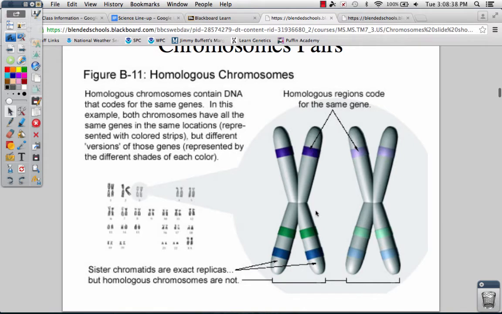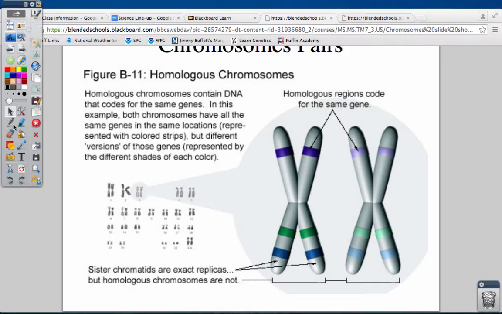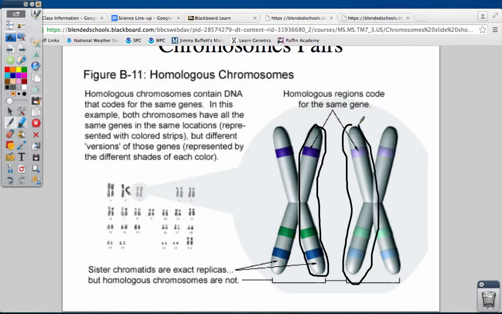So this is a chromosome, and its homologous chromosome is right here. So we have this chromosome, and its homologous or like chromosome is right here, meaning that if eye color for a human is right here, then eye color for a human is right here.